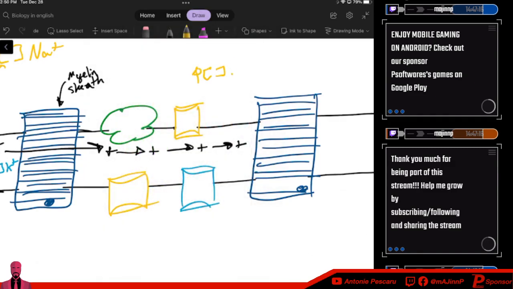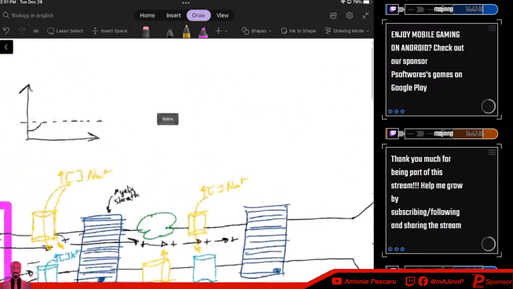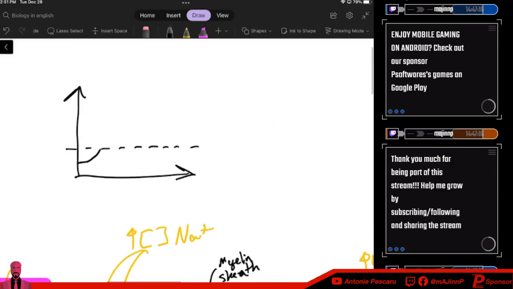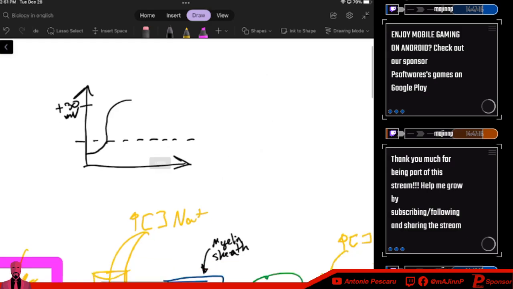Sodium goes in. Let's start from here. And then it reaches like plus 30 millivolts, right? It's right there.